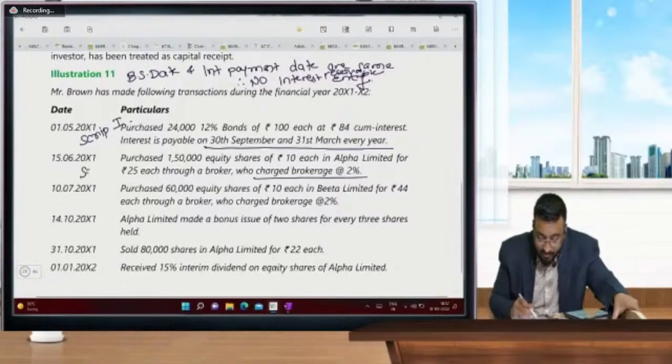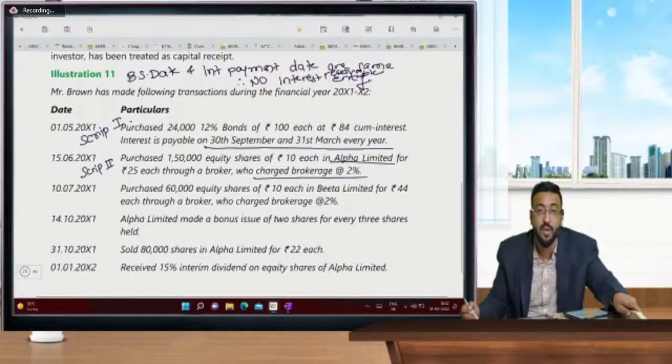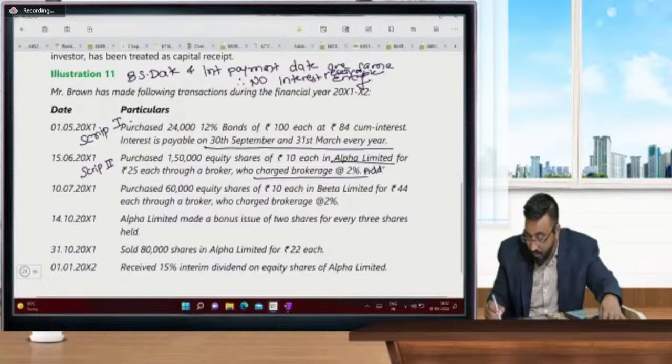So beta, this is script number 2, Alpha Limited. Purchase of shares in Alpha Limited is script number 2, and beta, what will you do with brokerage, add or less? If it is a purchase, we will add.